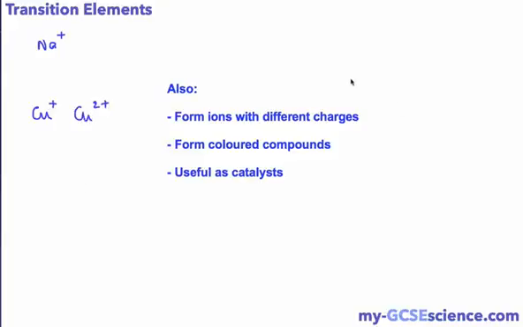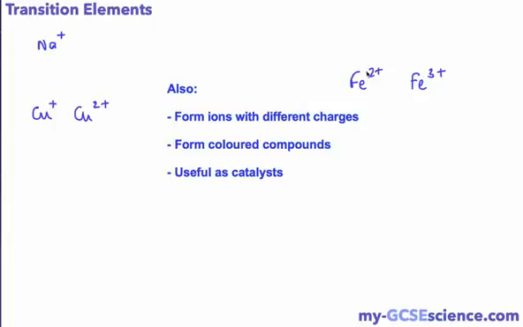Similarly with iron, you can have iron 2, which has a 2+ charge, or iron 3, which has a 3+ charge when it produces the ion, and that means it reacts slightly differently with other elements to form a slightly different ratio of atoms in the compound.